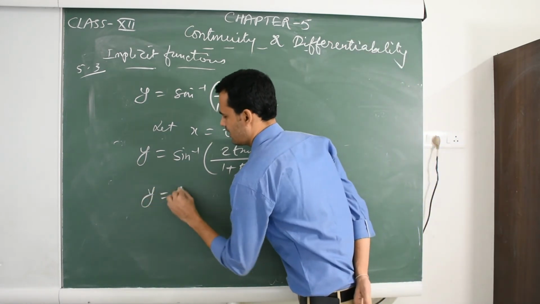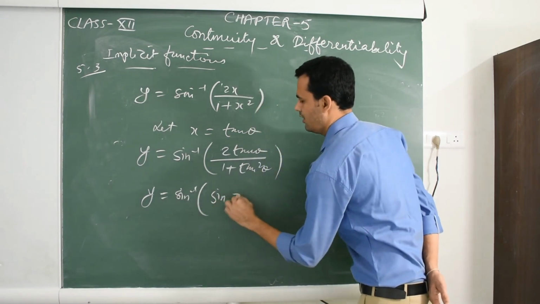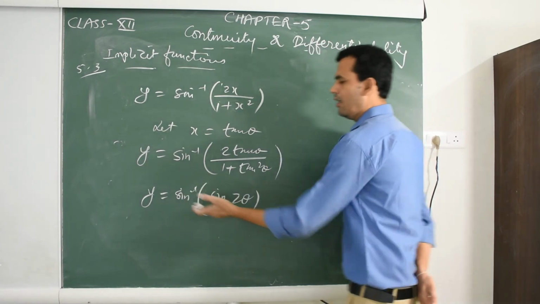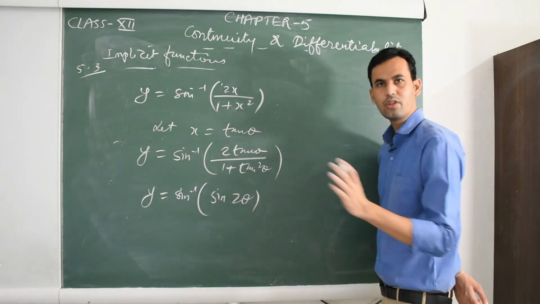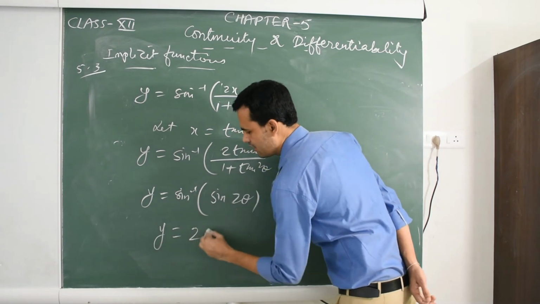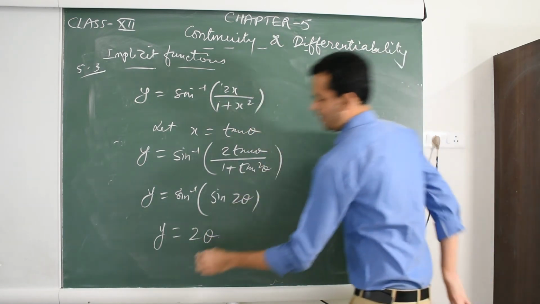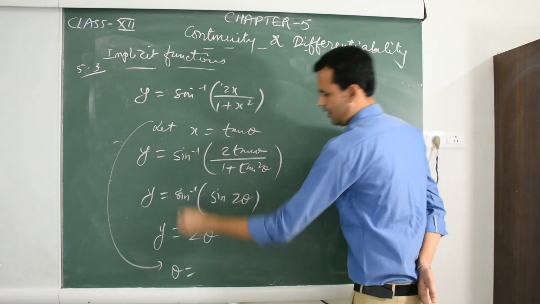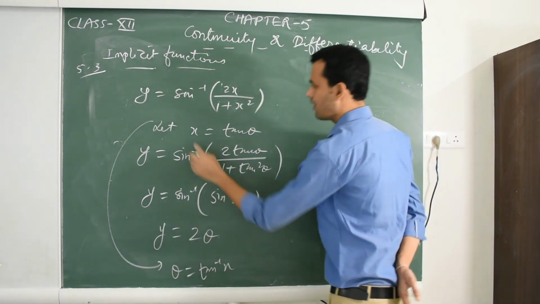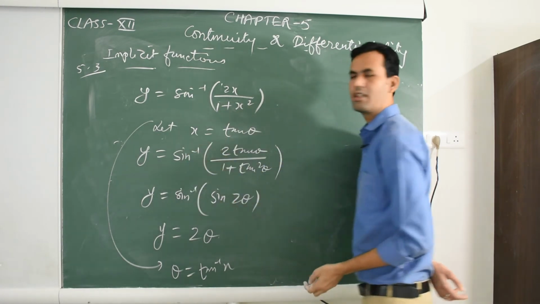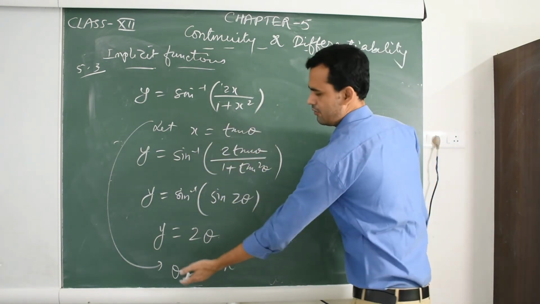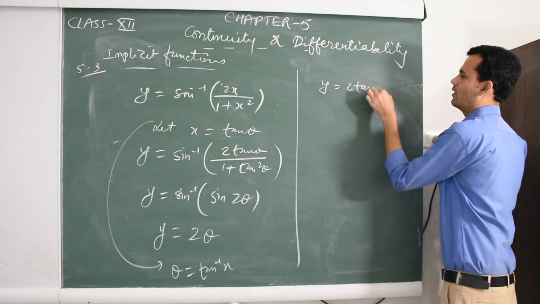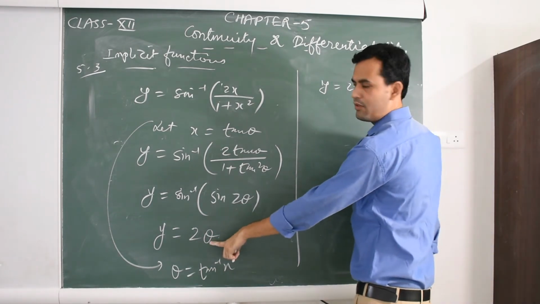So we write it as sine inverse sine 2 theta, and in previous chapters we know that sine inverse sine theta equals theta. So sine inverse sine 2 theta is equal to 2 theta, and the value of theta from x equals tan theta: if we move tan to the left side, we get tan inverse x equals theta. So y equals 2 tan inverse x.